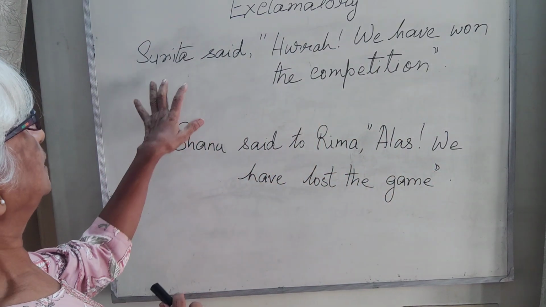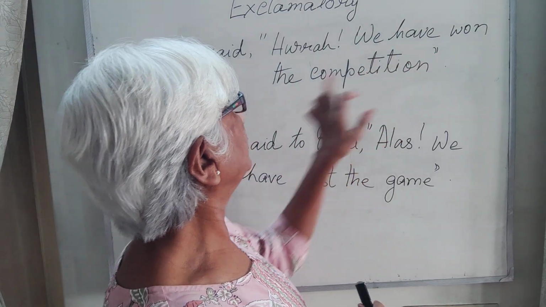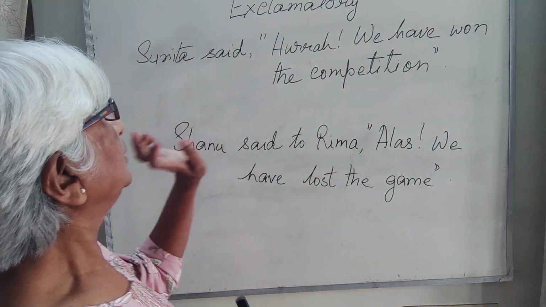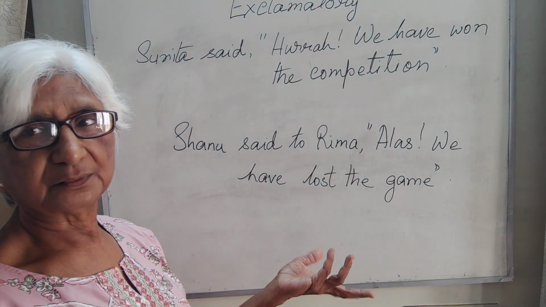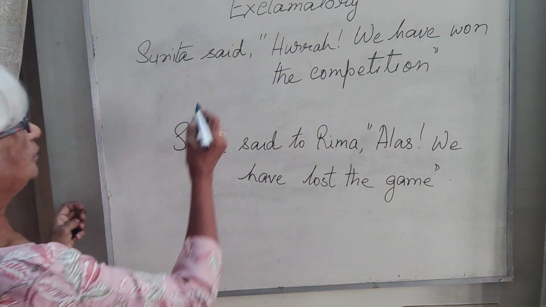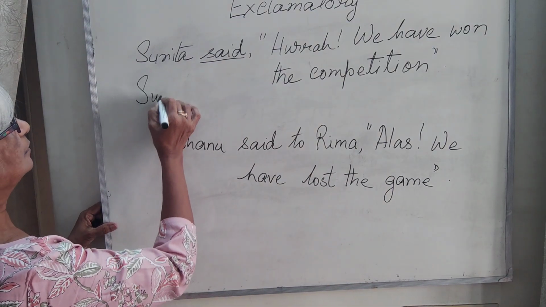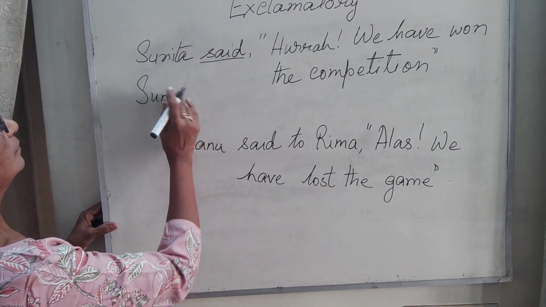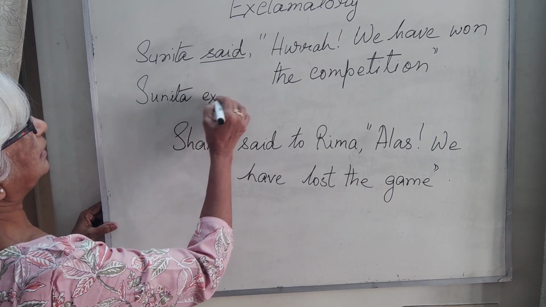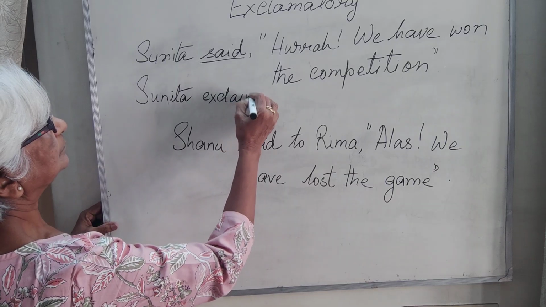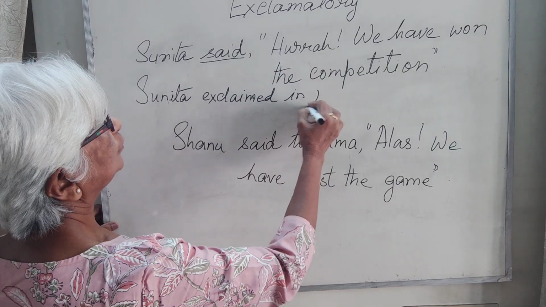The first sentence, Sunita said, "Hurrah, we have won the competition." So here said hurrah. So here hurrah indicates joy. Okay, so we have to change this said to Sunita exclaimed in joy.